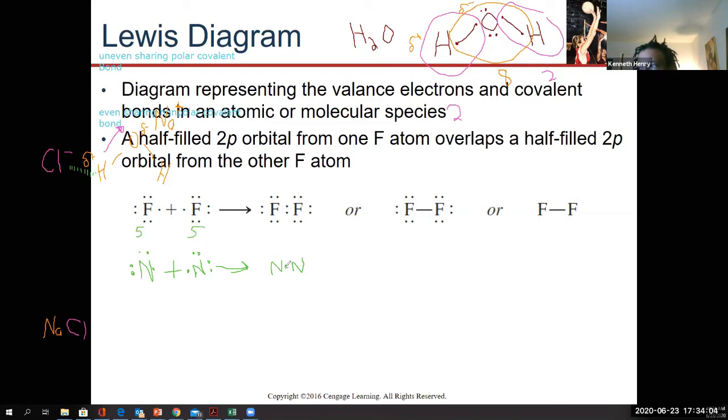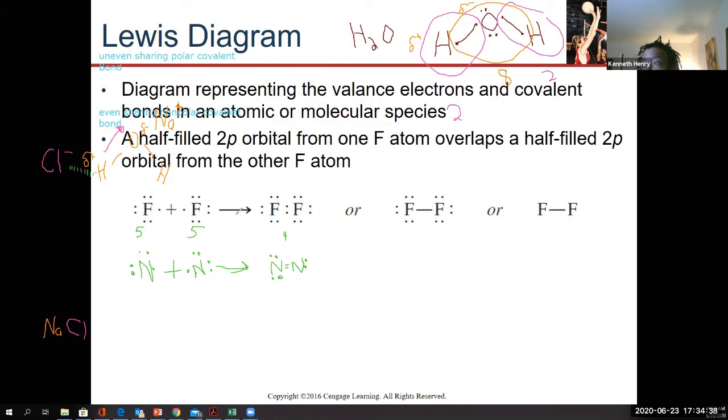If 2 are being shared, that'll be 4, so this is a total of 10 electrons that we're working with. That's 2, 4, 6, 8, 10. So does this guy have 8 around it? No. So that doesn't work.